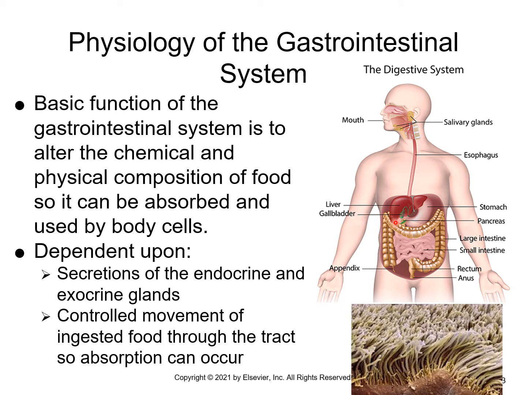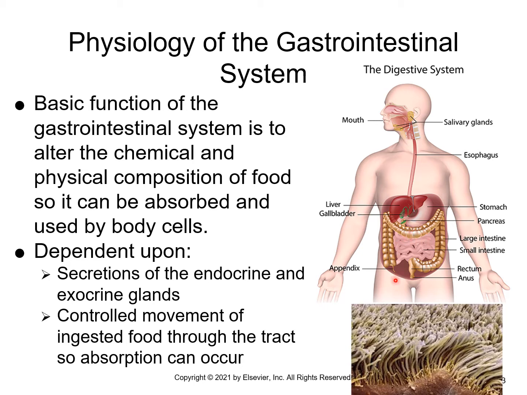This is where a large portion of the absorption of our nutrients occurs. It's in the duodenum that we see the entrance of the common bile duct from the gallbladder. The common bile duct empties the gallbladder's bile into the duodenum, where that bile can assist in the breakdown of fats.